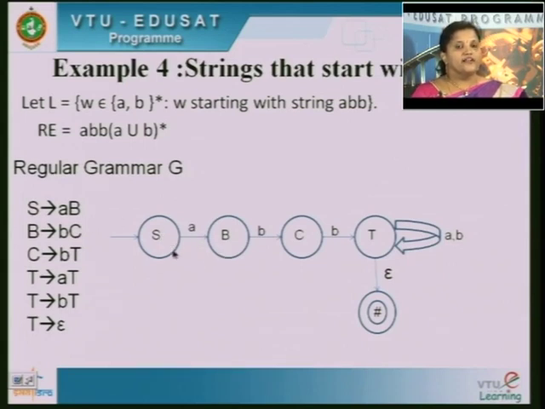So you can make a transition from S to B with A. Next B derives bC, so from B to C you can connect with the transition B. Next from C to T you can connect with B, and then T derives A and B, so you can write the self loop. Lastly T derives epsilon is there, so you can make it an accepting state.